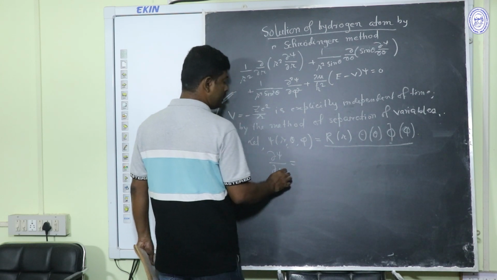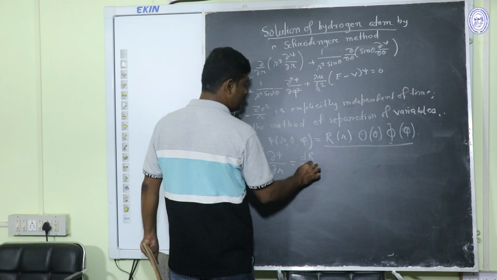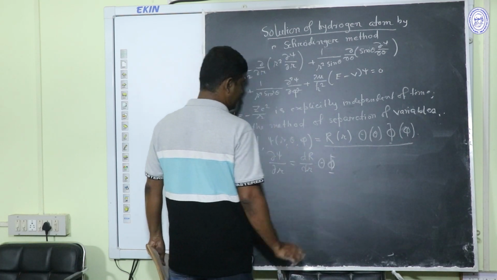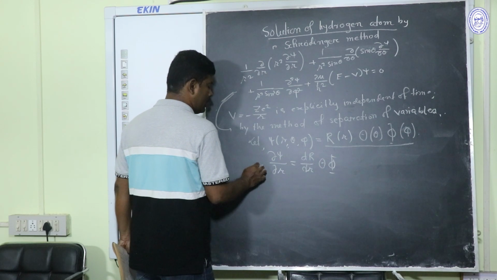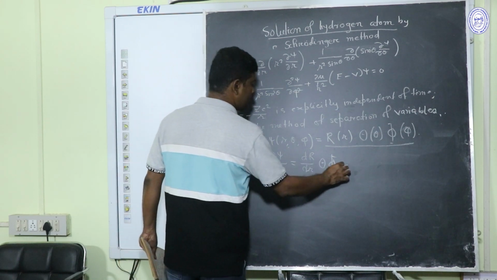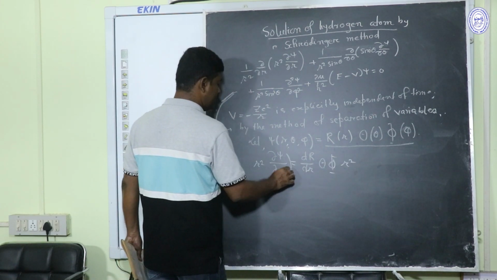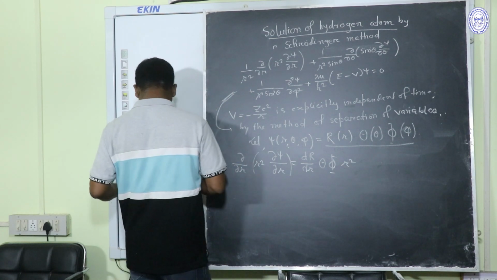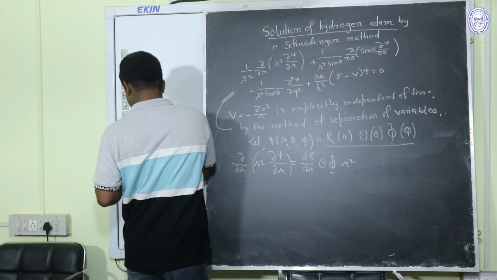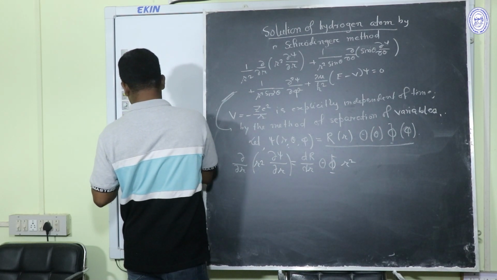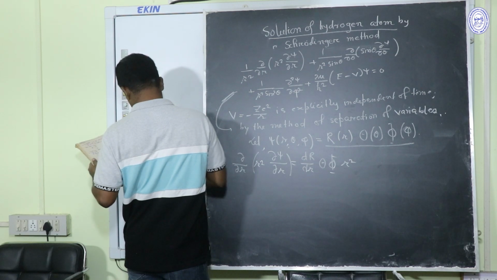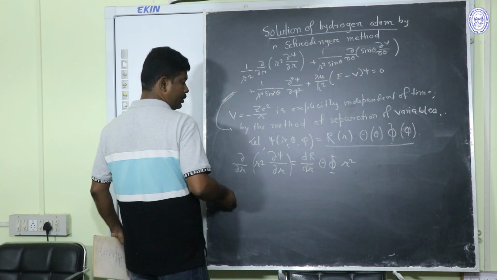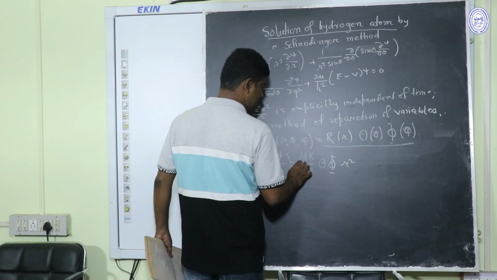This will be like this: d capital R by dr times capital Theta capital Phi, and then we can multiply it by r square and take the partial derivative of this term.